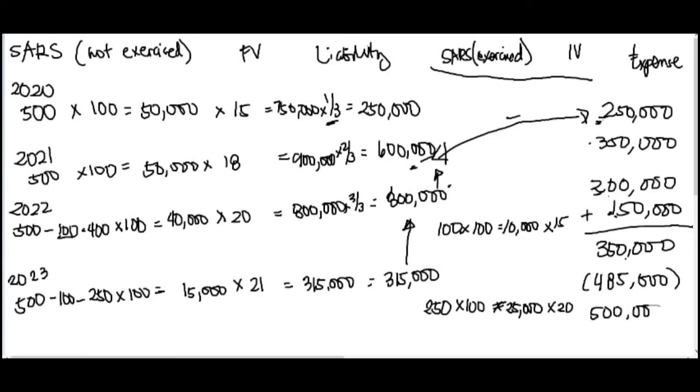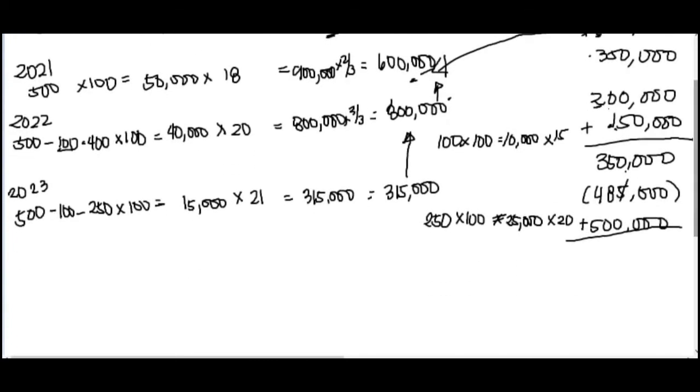Ngayon, ang tanong, how much is the total compensation expense for 2023? Okay? So, ang sagot, syempre, negative 485 plus 500, you have 15,000 net compensation expense. Mas maliit siya. Okay? So, yun. Next.